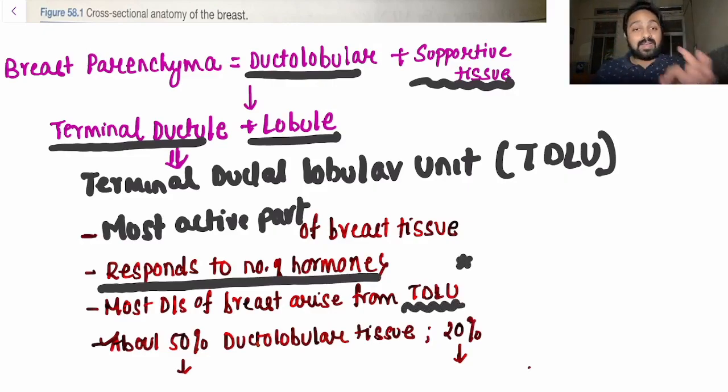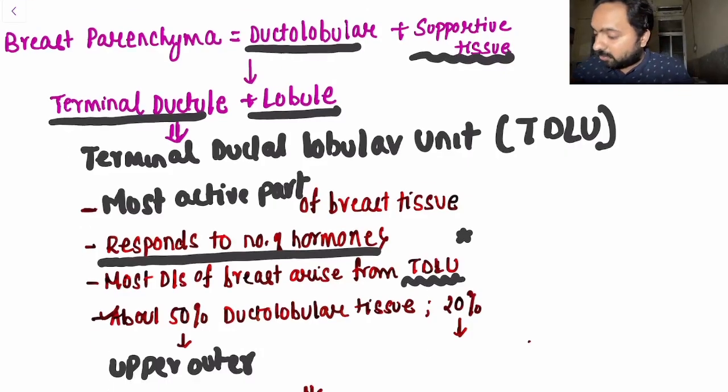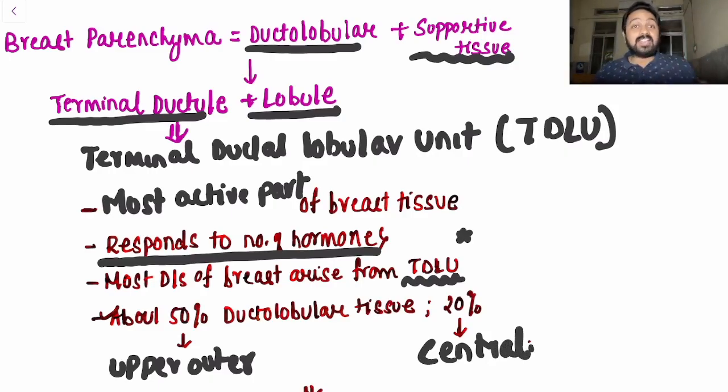Now around 50% of your ductolobular tissue is in your upper outer quadrant, whereas 20% is in your central region. As we have discussed, this TDLU is the most active part responding to a number of hormones, and most diseases of the breast arise from the TDLU, and around 50% of ductolobular tissue is situated in your upper outer quadrant.